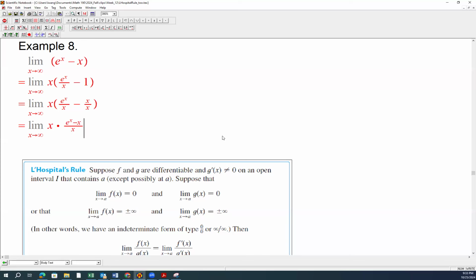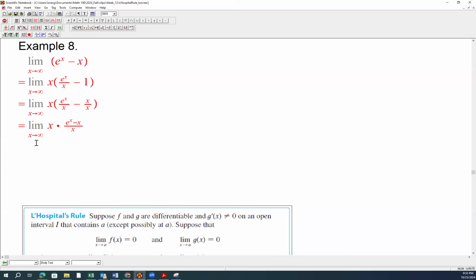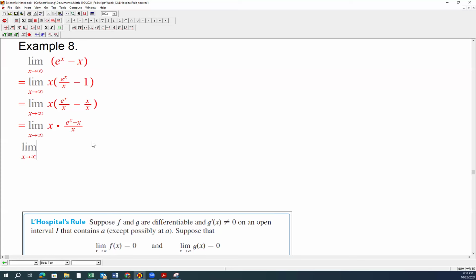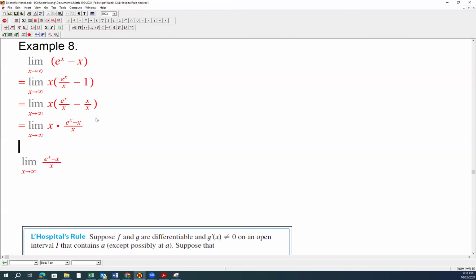Okay, we can check a condition. We're not taking limits separately. We just look at these two functions, right? This piece, we know it approaches infinity. How about this piece?